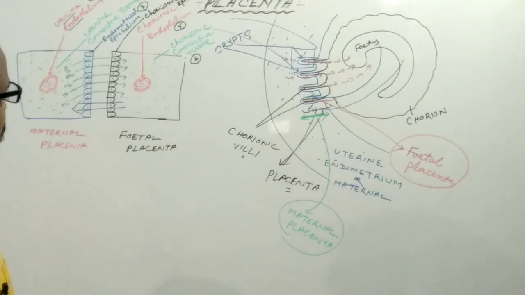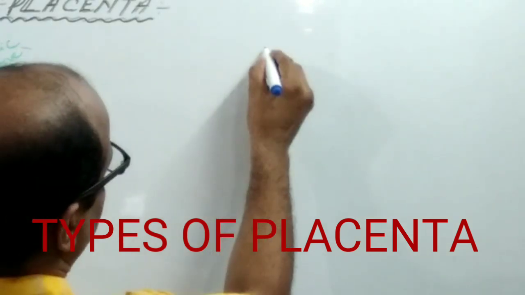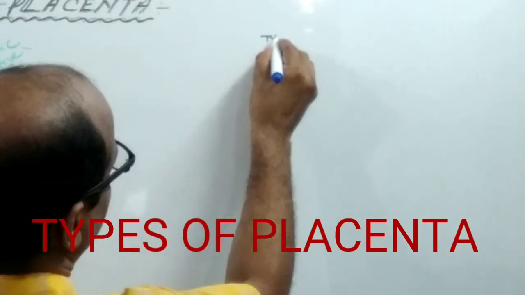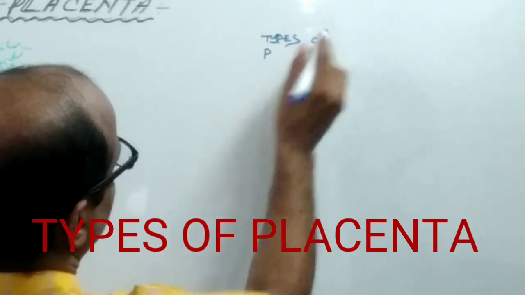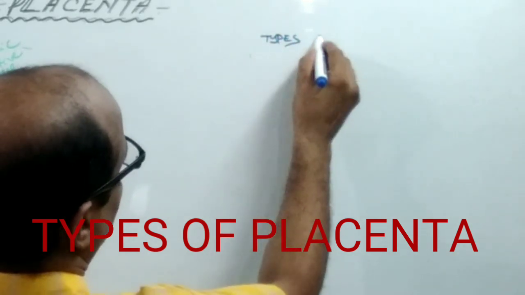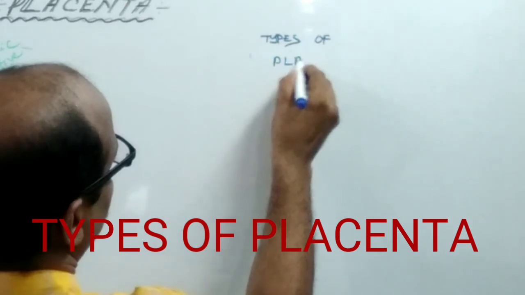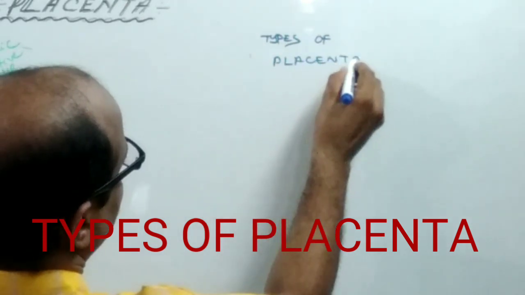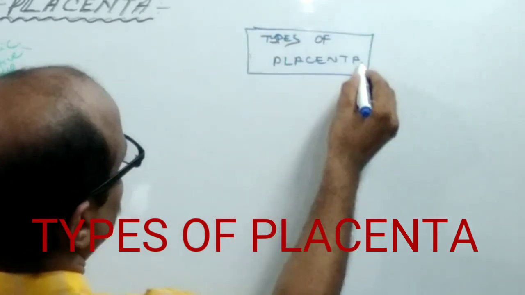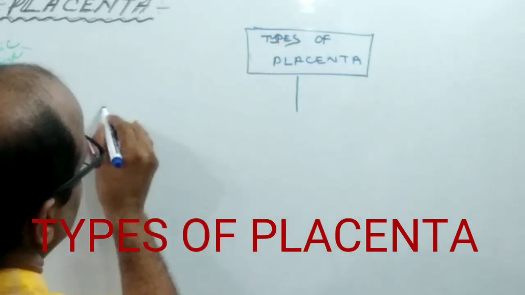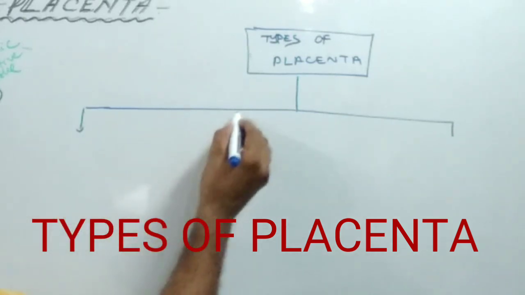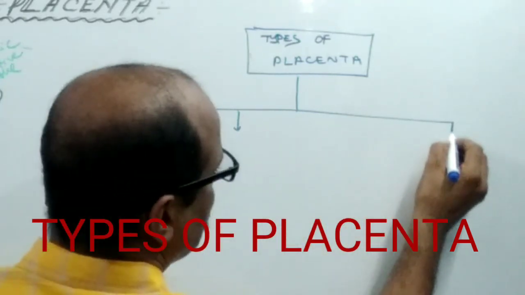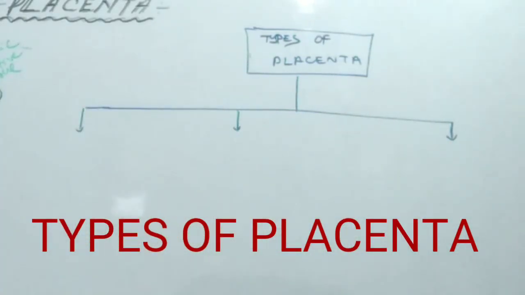So now come to the different types of placenta. The placenta may be classified on the basis of three broad criteria.